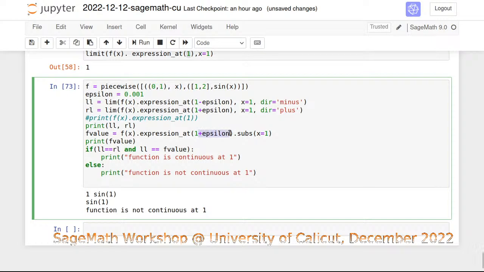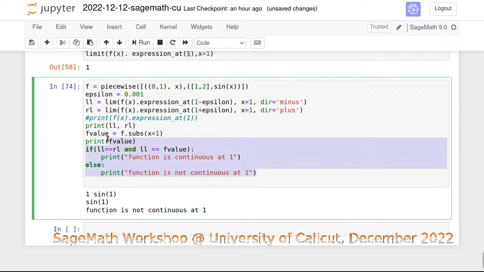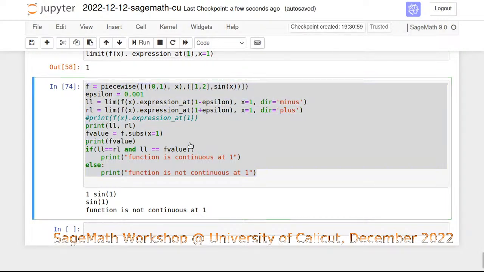If you are evaluating it only at 1, I think this 1 is good enough. Even that's also not required, I think. We can automatically put it. Substitute, because it should automatically guess. Yeah, that itself is good enough. We can substitute, because from the function definition it must understand that the definition of f at 1 is actually sin x. Right, that's correct. This much is enough for us.